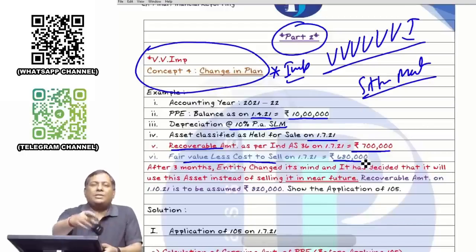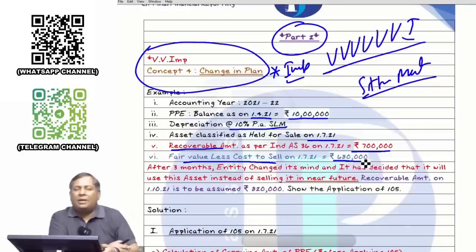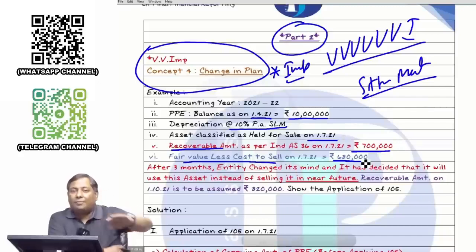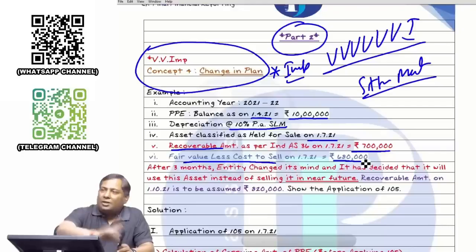So, first of all, what is change in plan? Change in plan means that you have made an asset held for sale. Okay. So, after some time, you feel that you made a mistake and you should use it. Your intentions changed and you told the management that we will use it and not sell it.